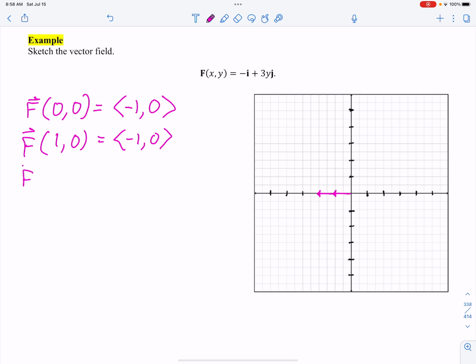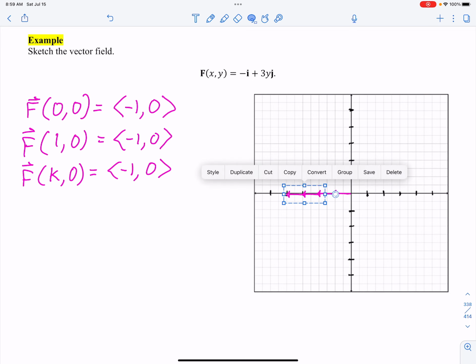Notice that if I put any number, I'll put a k there, with 0, I'm going to get the vector negative 1, 0. That's for any x I pick. So along the x-axis, I'm going to have all these vectors pushing that way. If you were sitting on the x-axis, you would get pushed to the left.